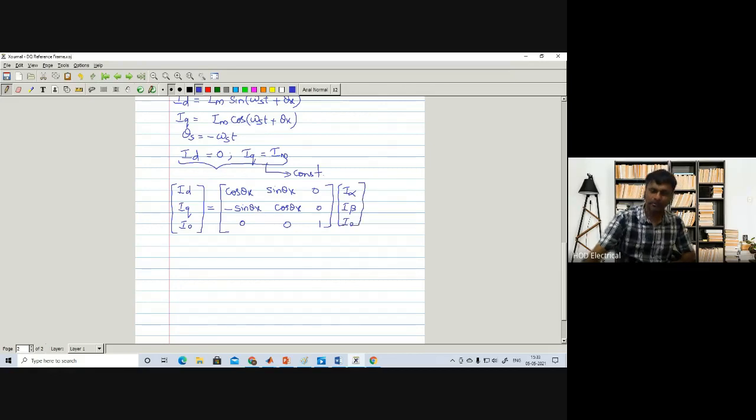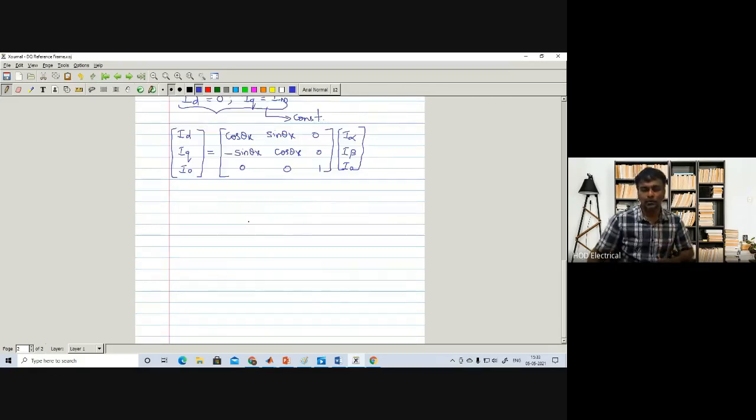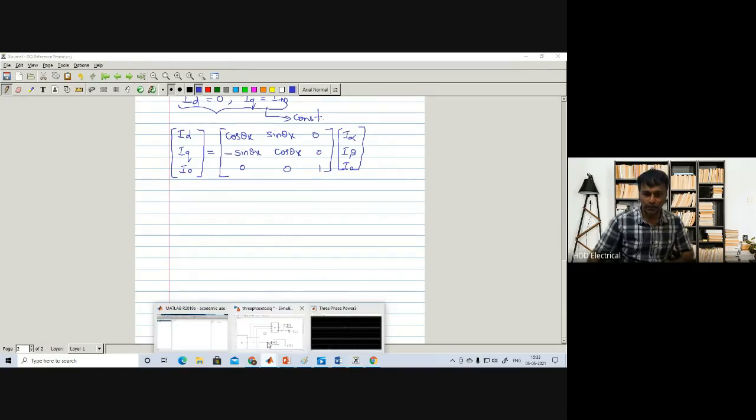Now this matrix I am going to show in the MATLAB simulation, how we can do it.